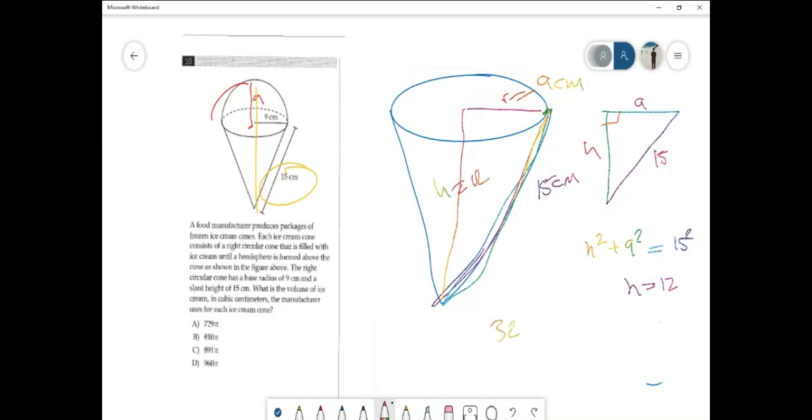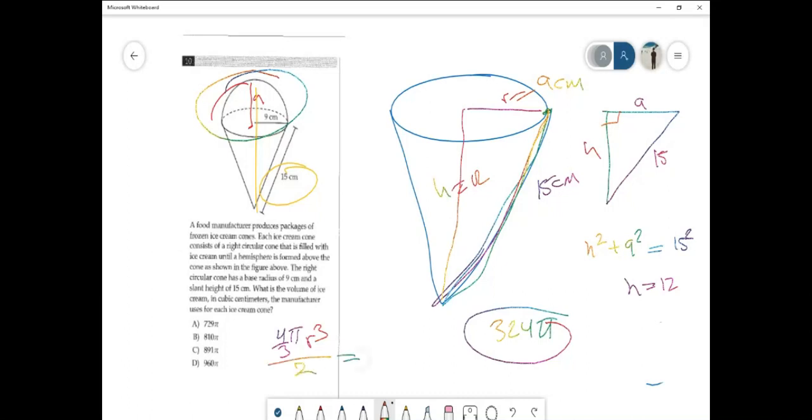How can you find h? h squared plus 9 squared is equal to 15 squared. Sir, it's the Pythagorean theorem, right? Yeah, Pythagorean theorem. h will be 12. You know h is 12. You find the volume of this, which will be 324 pi. So this is the volume of this cone.